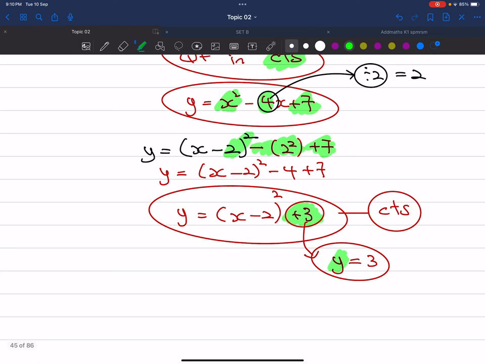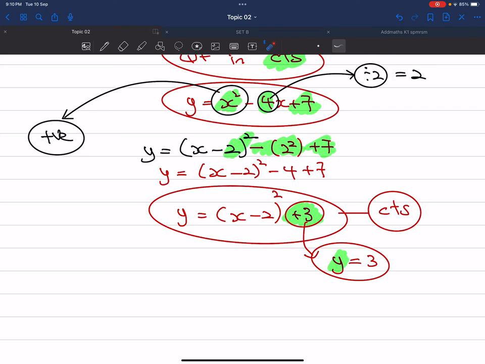Whether it is minimum or maximum, you look at the x square here. This x square, if you notice, is positive. Because the x square is positive, the graph is U-shaped and it will have a minimum point.